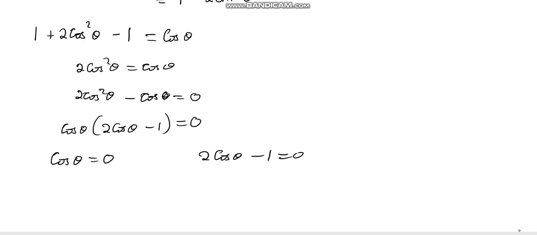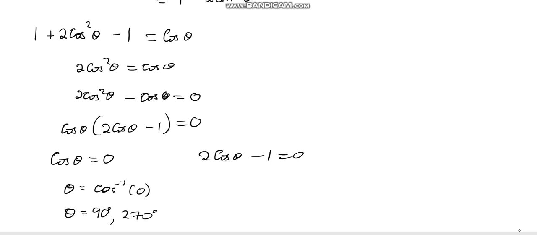Solving for theta here, theta is equal to cos inverse of 0, and cos inverse of 0 gives us 90 degrees. Then the other solution is going to be 270 degrees.